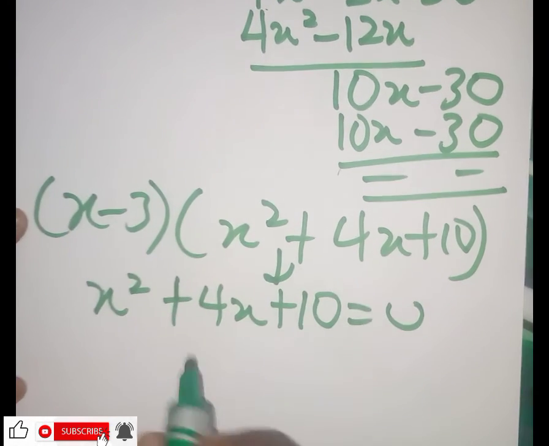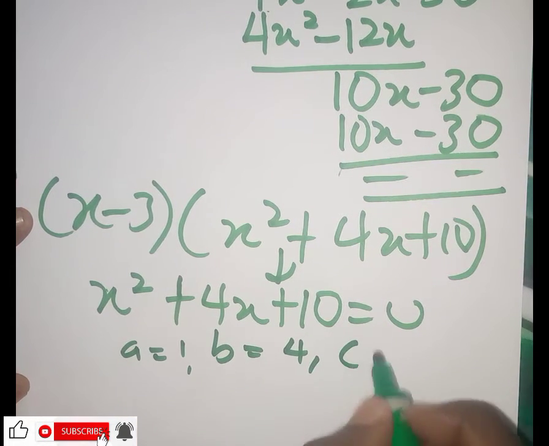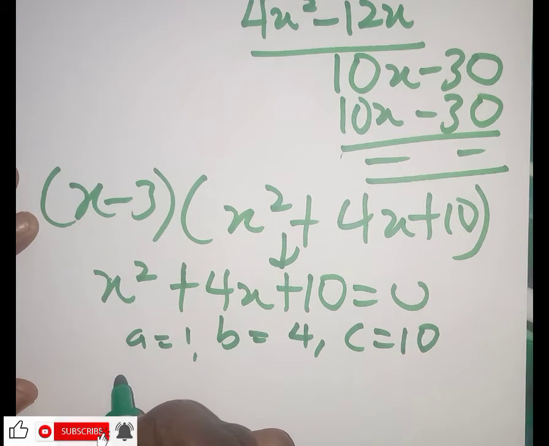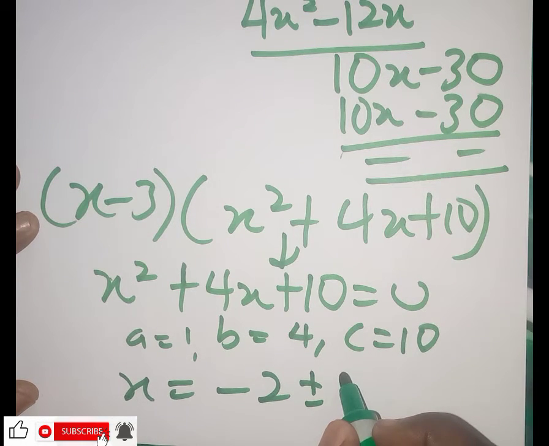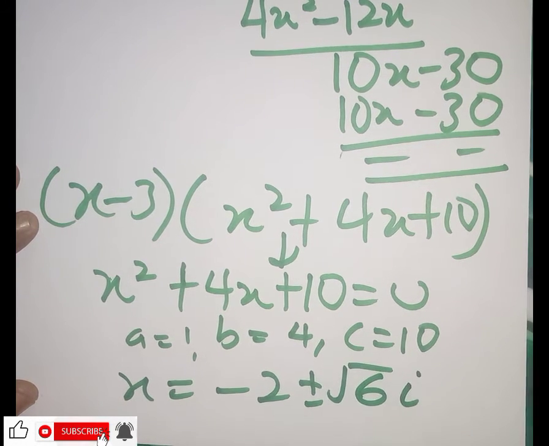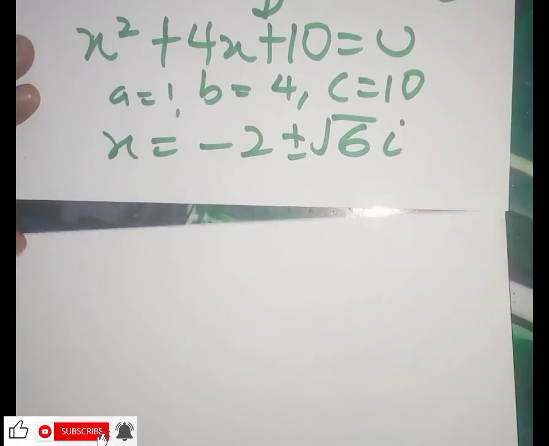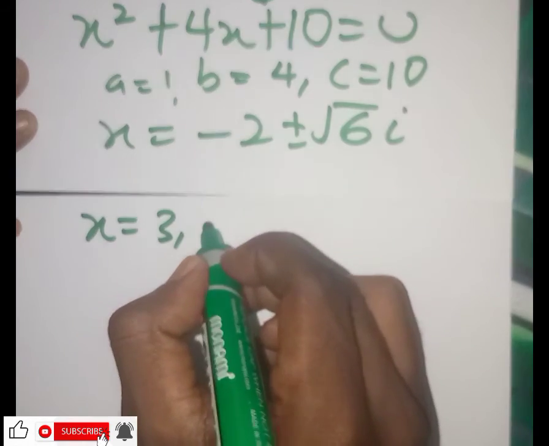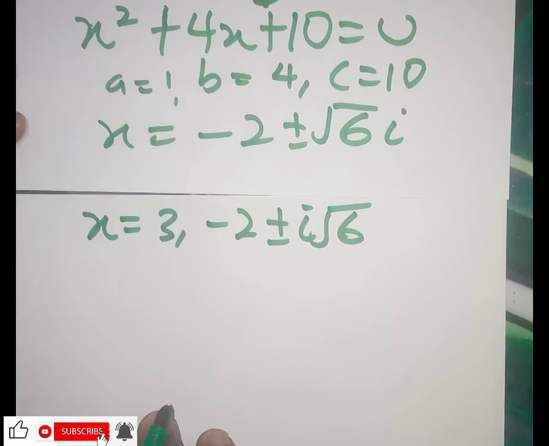Solving this just by saying a equal to 1, b equal to 4, and c equal to 10 using the quadratic formula, we are going to get s equal to negative 2 plus or minus the square root of 6 times i, imaginary. That's what we are going to get. So in this case, the possible values of s are 3, and minus 2 plus or minus imaginary square root of 6.